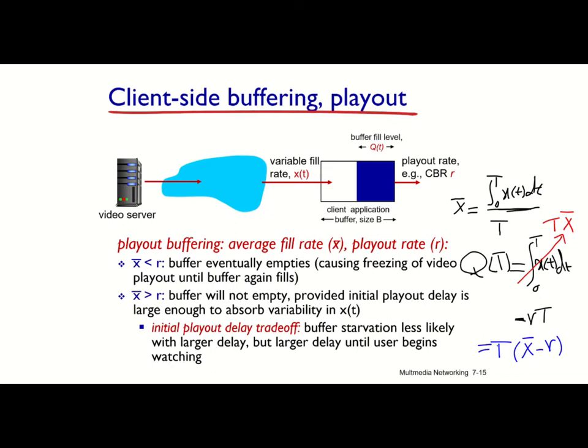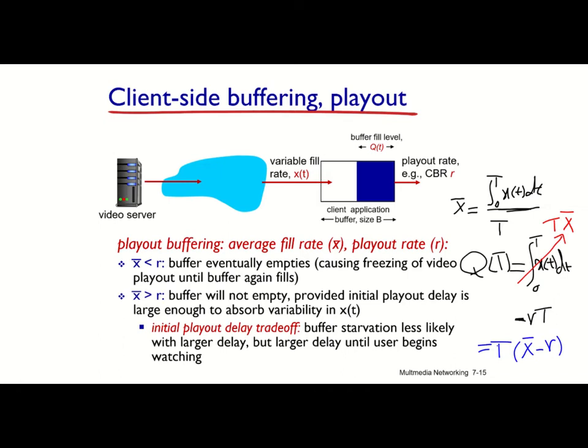And if you rewrite the formula for q, then q of t can be simplified to this integral minus r times t, where t is the total time that we consider the average over. So based on this formula, you can replace this integral by t times x bar, and when t times x bar is replaced, you have q of t is equal to t times x bar minus r, where t is factored out.